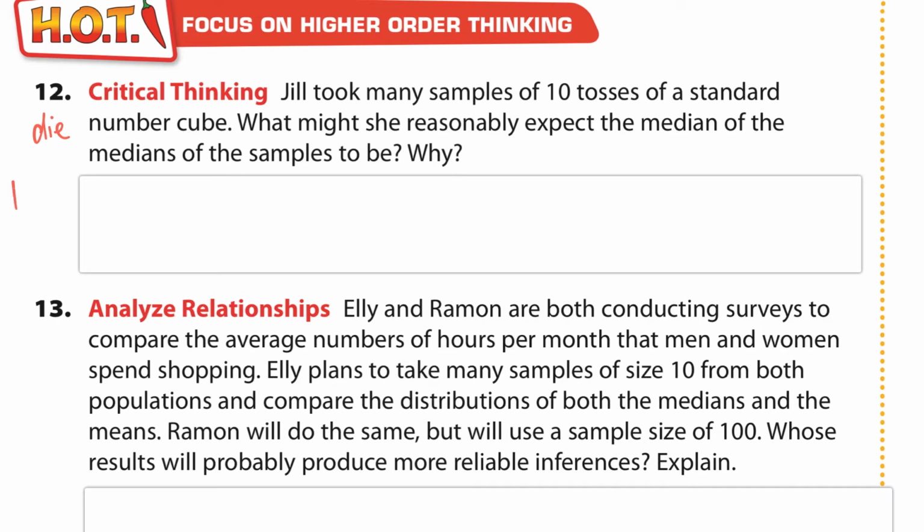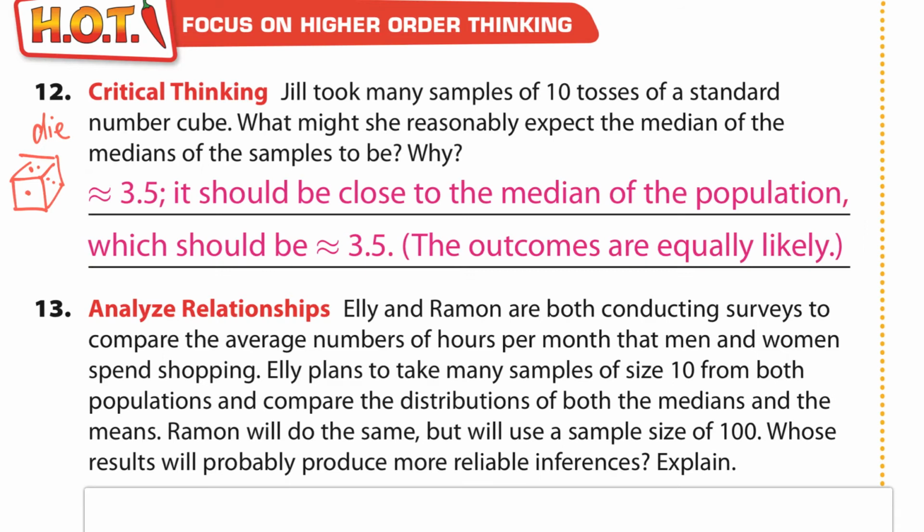It's a number cube with the numbers 1, 2, 3, and so on. Roll this a bunch of times, and this is what happened with her data. So what might she reasonably expect the median of the medians of the samples to be?